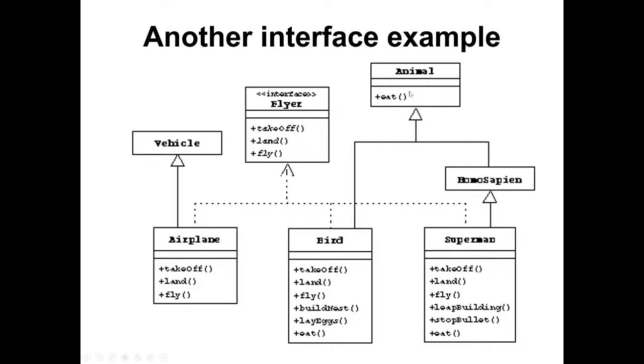Then there's Bird, which is directly defined as a subclass of Animal. Then there's Airplane, which is defined as a subclass of Vehicle. And as you can see, there are no relations between Vehicle and Homo sapiens, or Vehicle and Animal. So the hierarchy can be mixed here.